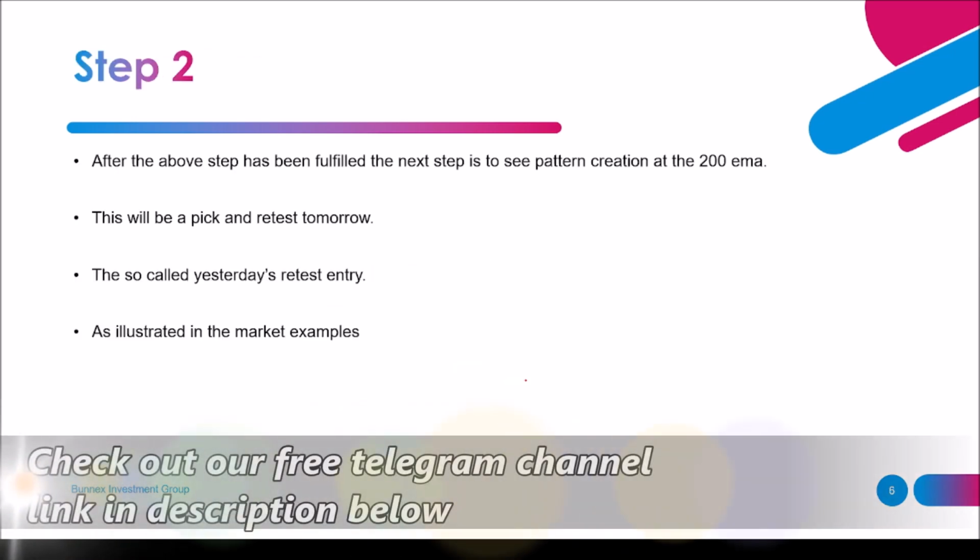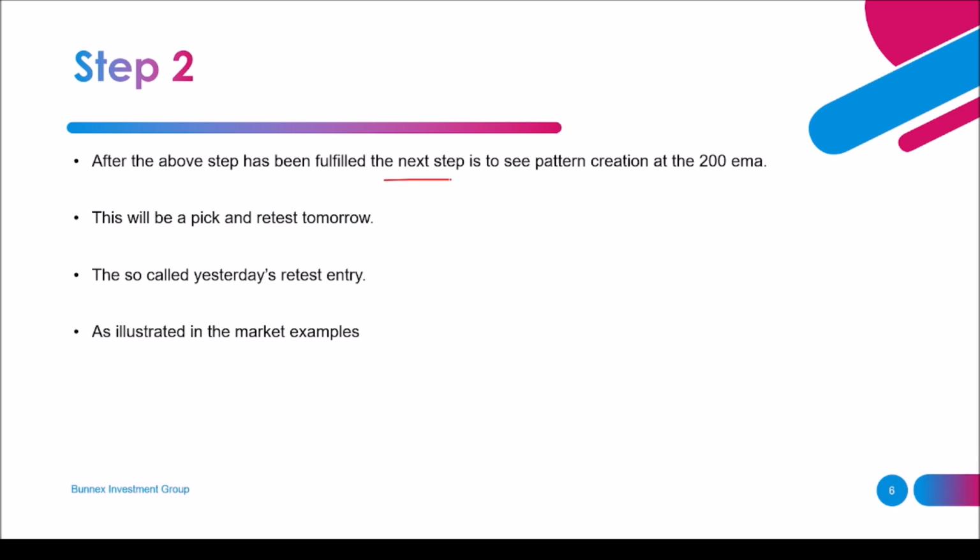So step 2, after the above step has been fulfilled, the next step is to see a pattern creation at the 200 EMA. However, this pattern will require some sophisticated understanding of how the market makers trip. This will be a peak and retest tomorrow. This is actually a nickname, peak and retest tomorrow.